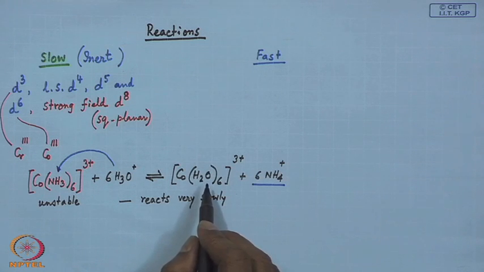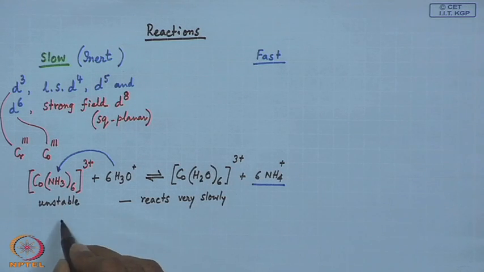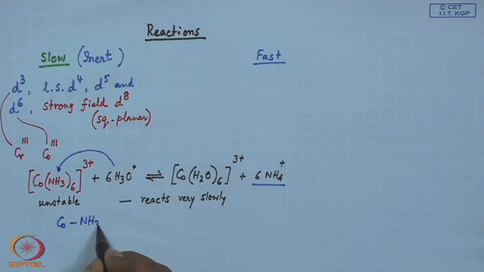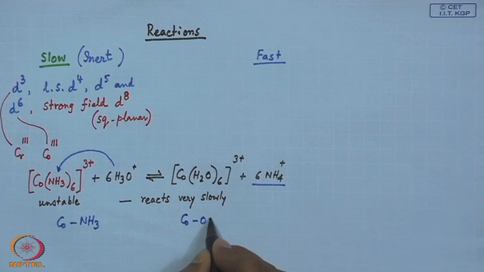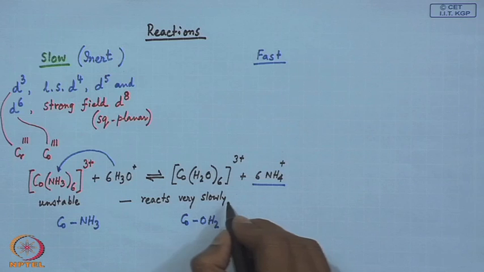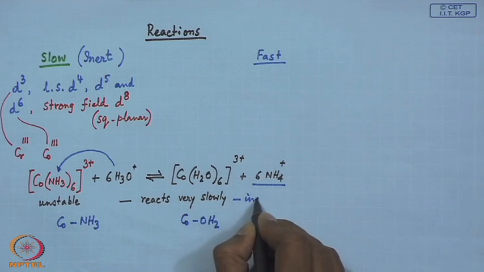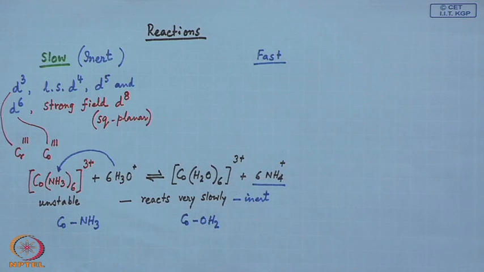Basically we are going for substitution reactions, where all 6 cobalt-nitrogen bonds from the ammonia ligands attached to the cobalt center are substituted by cobalt-oxygen bonds of the cobalt aqua group, with hydrogen attached to oxygen. These react very slowly, and therefore we can label this as an inert compound.